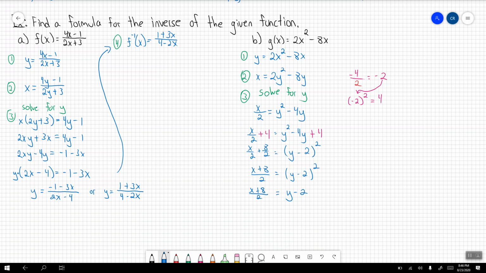Because when we take the square root, we actually get 2 different values: positive or negative of that square root. So we have to choose the right value, because at the end of the day, remember, quadratics are not one-to-one functions. So we have to make sure that we have a restriction for this.